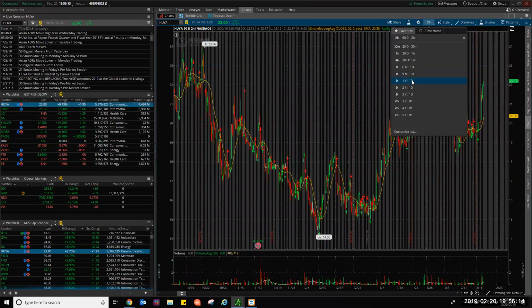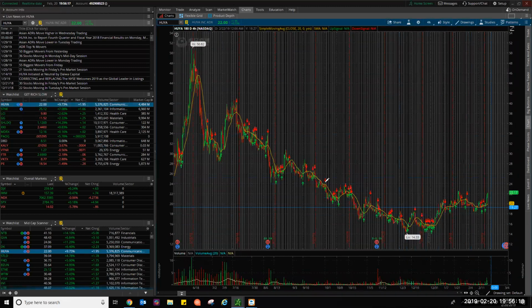Huya. I know I'm saying it wrong, but HUYA. I like the stock. It dropped down. We're looking at the 180 daily, 4-hourly chart, but it's 180 days. You see, it based out right around, let me use my tool, it based out right around here. I like this base right here. And now it's starting to go back up.